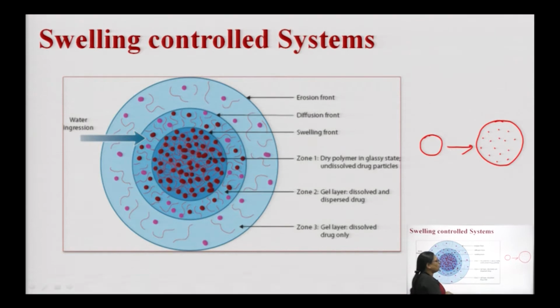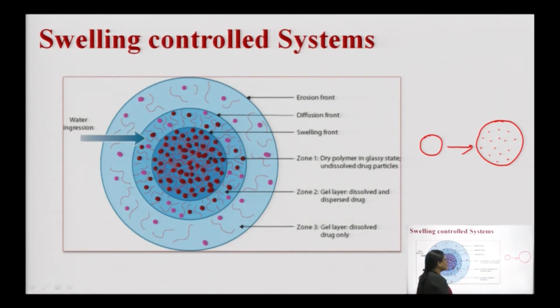Now, the second zone, outer to the innermost zone 1, zone 2, comprises polymer which has gelled up or swelled up, right, and this polymer contains drug both in dissolved as well as dispersed state. The dispersed drug particles are shown with the help of red dots, and the pink color indicates the drug which has dissolved in this.